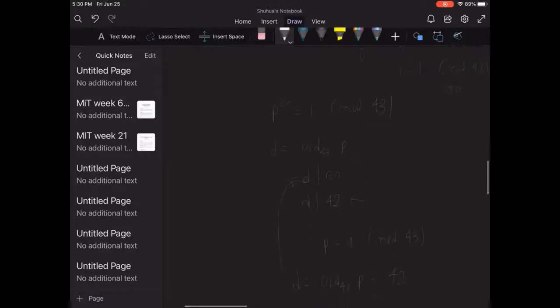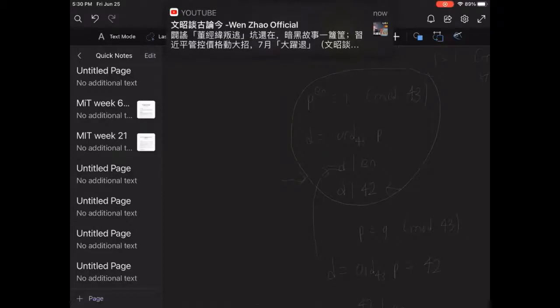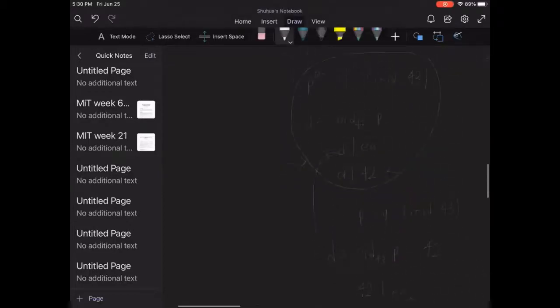And in general, with orders, you'll be seeing this a lot, where you get to something to the power of something congruent to 1 mod a prime, and then you let the order be d, and you write down the two divisions, one from Fermat's theorem, one from the equation that you got to. And usually you'll have to choose some special prime for the modulus or some special residue in order for the orders to give you some information that you can actually use.